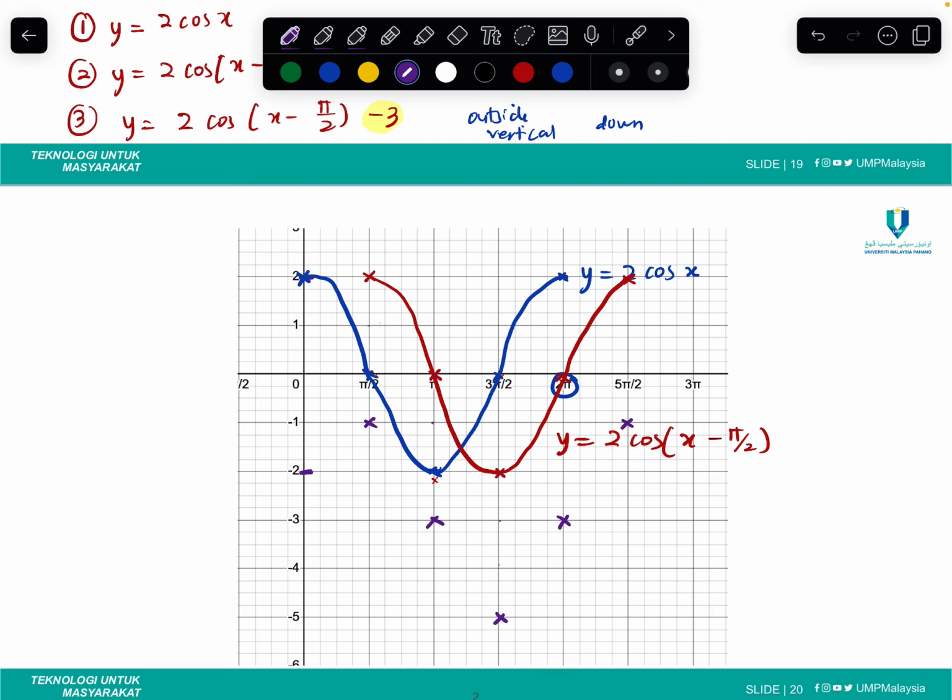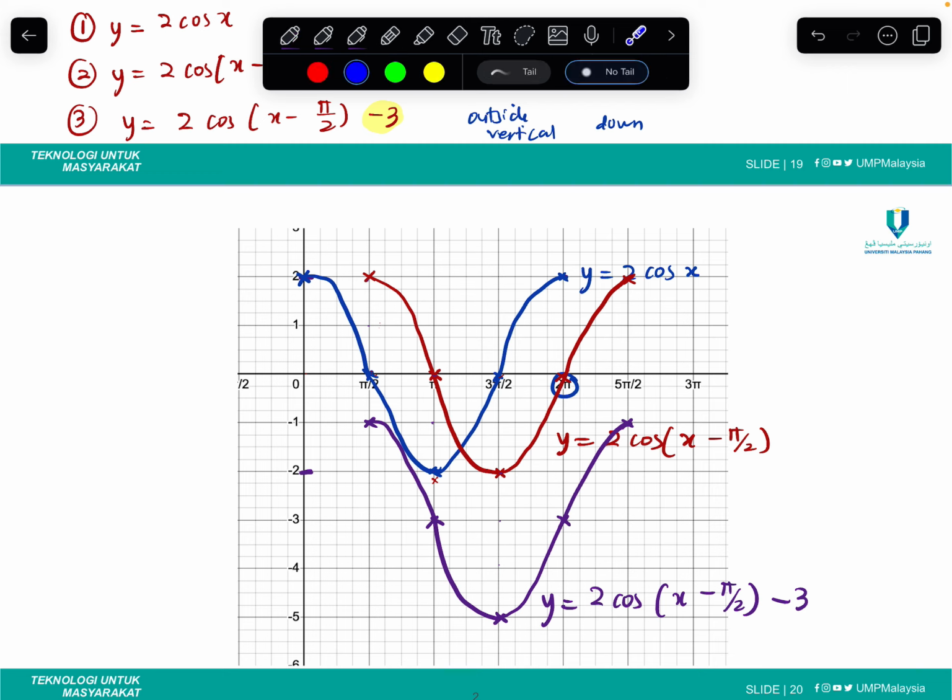Okay, now you can draw the new curve. Okay, so now this is your final answer, 2 cos of x minus pi over 2, minus 3.